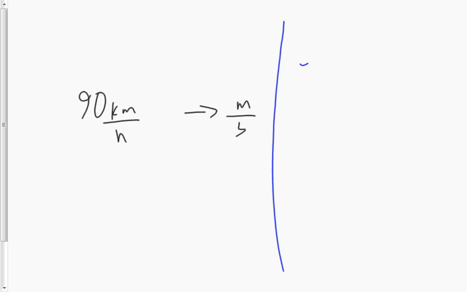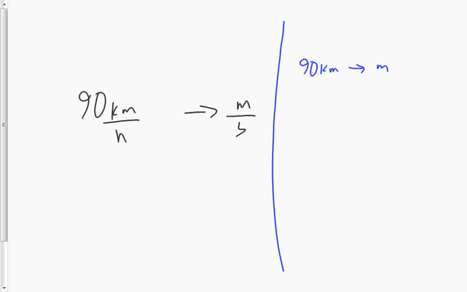Let's say you have a speed of 90 kilometers per hour, or whatever. Let's convert that to meters per second. Actually, before we do that, let's convert 90 kilometers to meters.